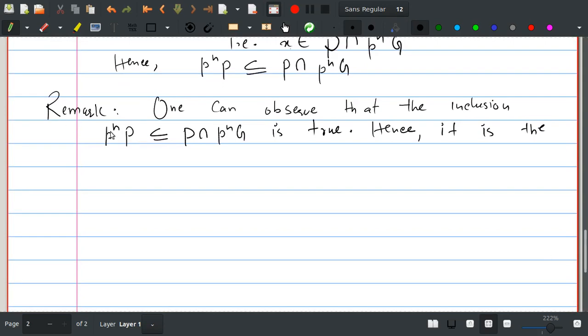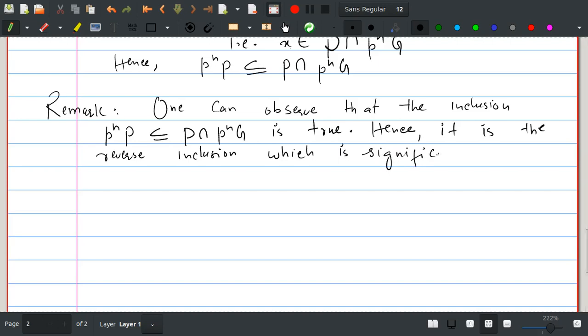Yes, it is the reverse inclusion which is significant. Now it is the reverse inclusion which is given, and this inclusion, P intersection p^n G contained in p^n P, is significant.